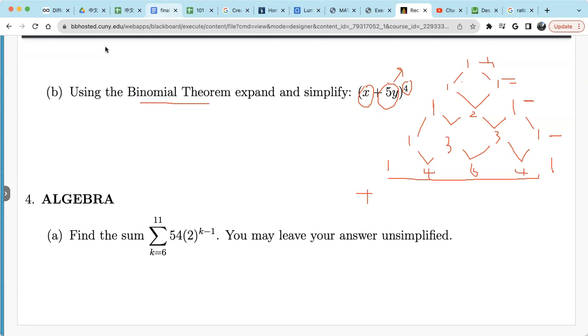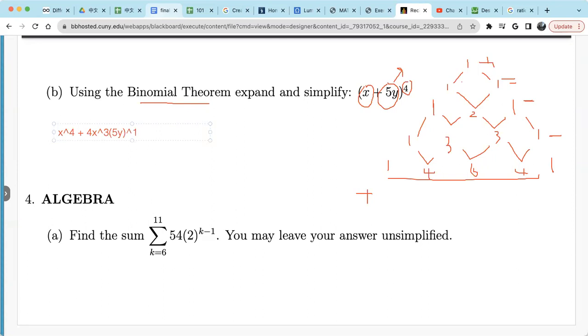All right, so let's do this. The first one we have x raised by 4. Coefficient of 1, we don't bother to write it. Plus the second term has coefficient 4, then multiply by the first one, x raised by 3 now. And the 5y, because we're treating 5y as one term, 5y raised by 1, right?